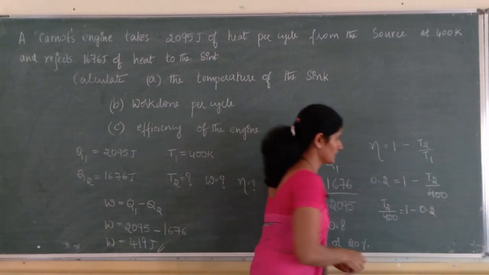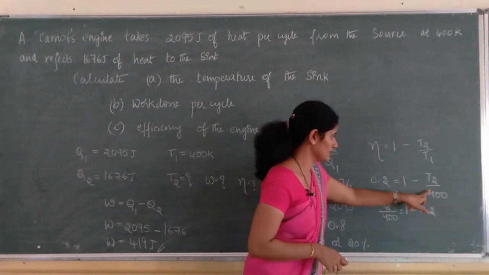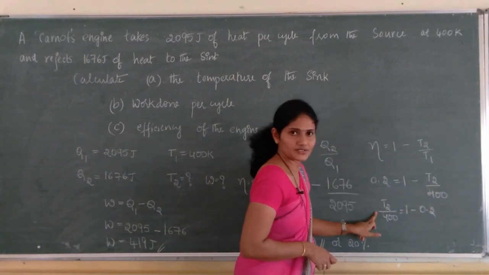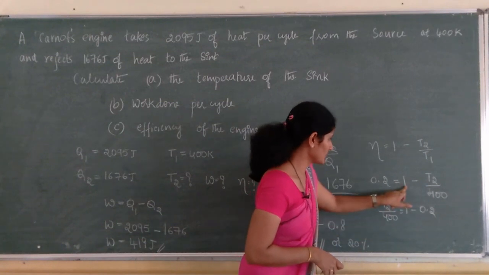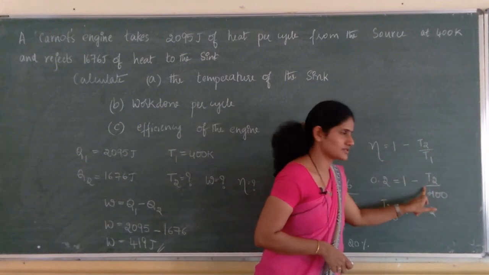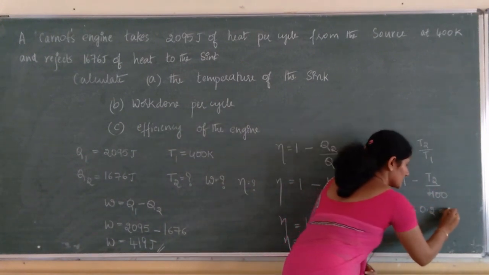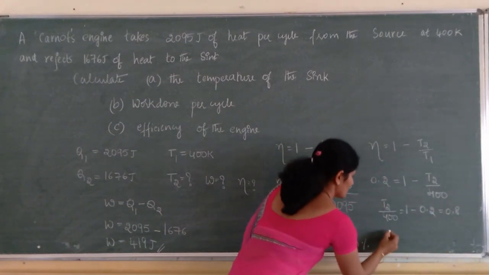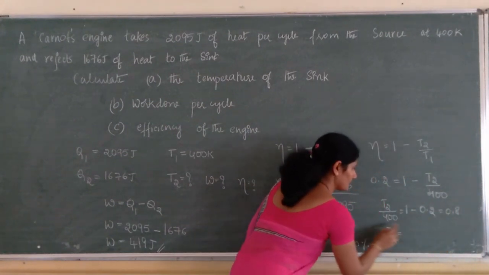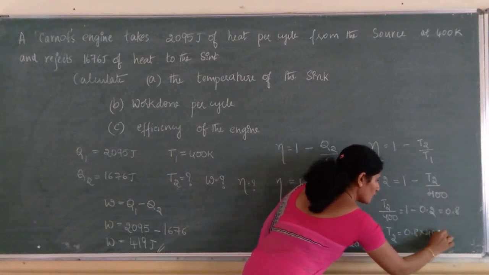Minus T2 by 400, when it comes here, becomes plus T2 by 400. 1 plus 0.2, when it comes here, plus becomes minus. So, 1 minus 0.2 is 0.8. So, T2 is equal to, cross multiplication, 0.8 into 400.